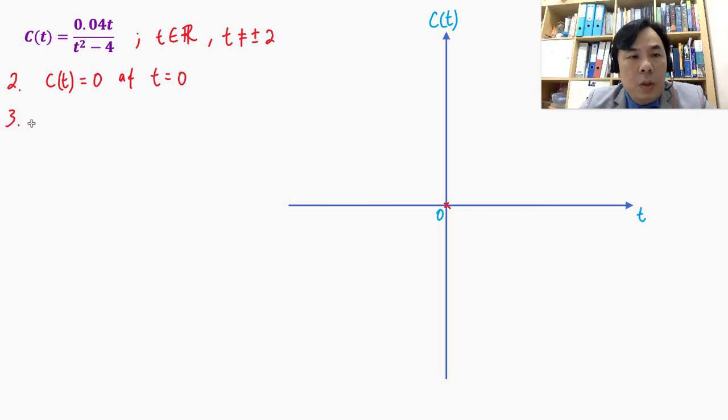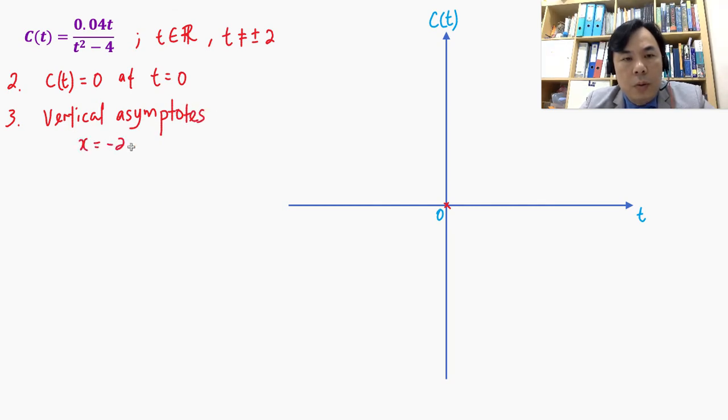And then number 3, we have found the vertical asymptote. So here I'm going to write it down, vertical asymptote. So the vertical asymptotes are x equal to -2 and x equal to +2. So therefore we have one positive, one negative here. So roughly, I'm going to draw something like this, -2.